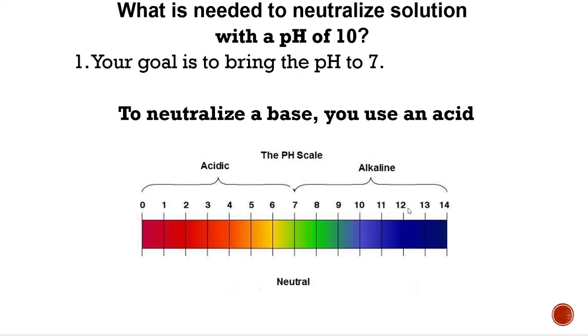If I'm over here and I have tons of hydroxide ions, I would add hydrogen, and that would increase my hydrogen and decrease my hydroxide, because some of that hydrogen will bond with them to make water, and it'll move towards 7. So to neutralize an acid, you add a base. To neutralize a base, you add an acid.